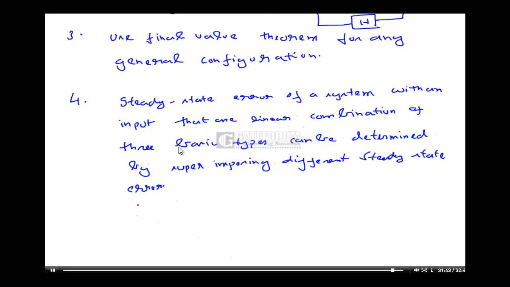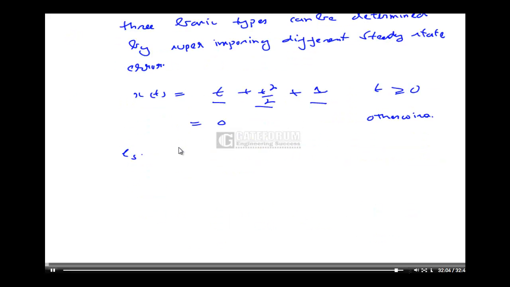That means, suppose my input signal x(t) is t plus t square by 2 plus 1 for t greater than or equal to 0 and equal to 0 otherwise. Then, since my x(t) is a linear combination of ramp, parabolic and step, I can find my ESS for ramp plus parabolic plus step together.